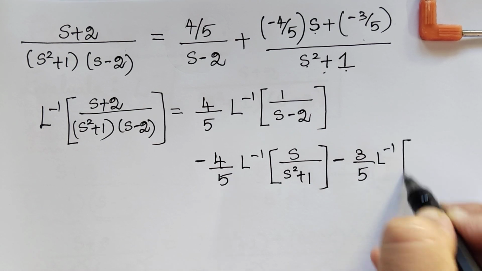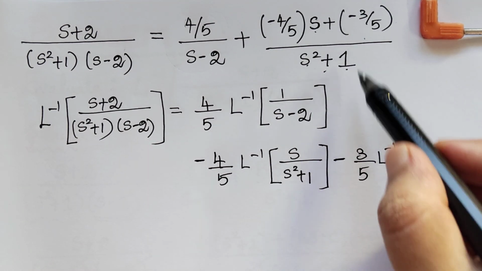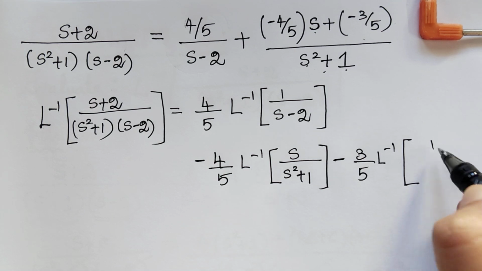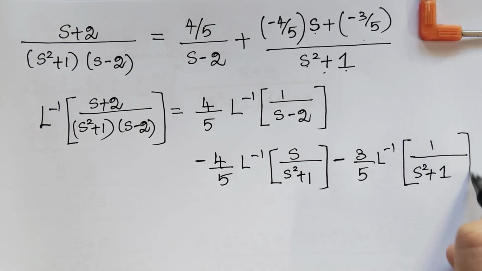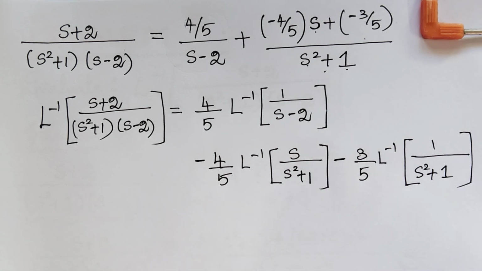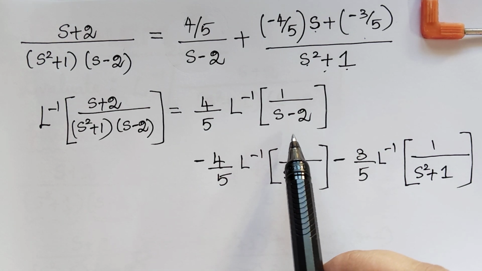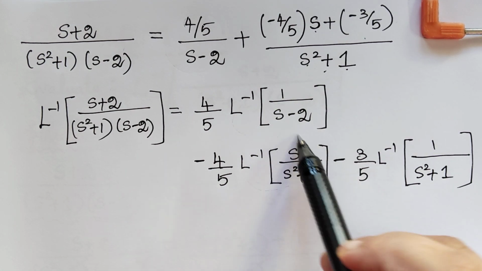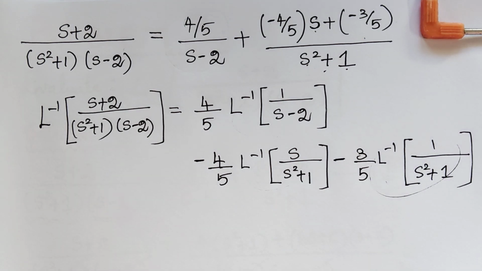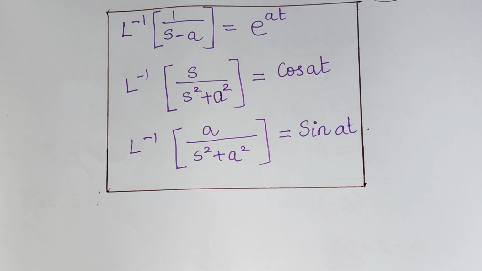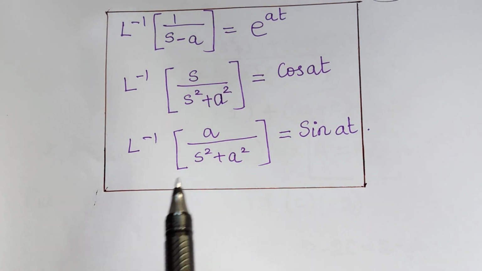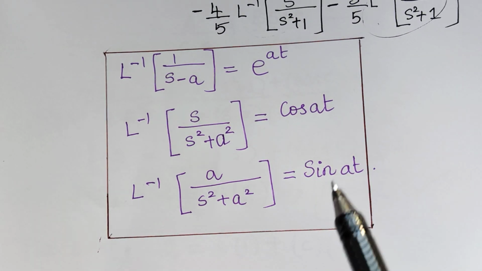Laplace inverse of, now here we have 1 only because we have taken this 3 by 5 out. So 1 by s squared plus 1. So this is what we get. Now we shall use the inverse Laplace transform formula for each of the terms and apply over here. So these are the formulas that we are going to use here. So already we have seen this formula. So let us substitute each of them now.